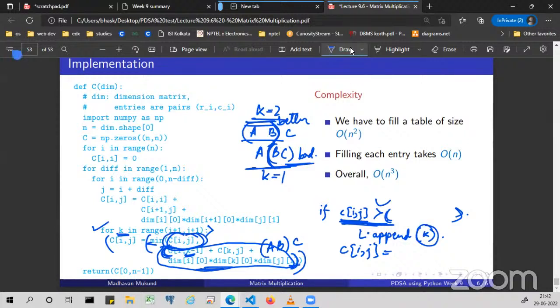What would this list store at the end of the execution of this algorithm? This is basically telling you which part of the sequence of arrays a1 to an, in which order we have to multiply in order to get that minimum number of multiplication. You are correct, it's not giving us the multiplied matrix.